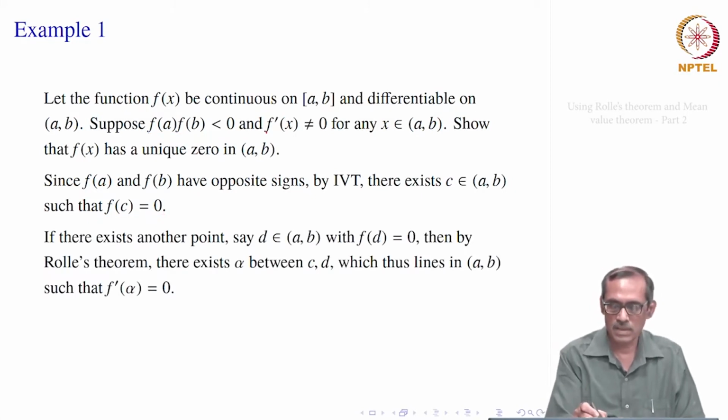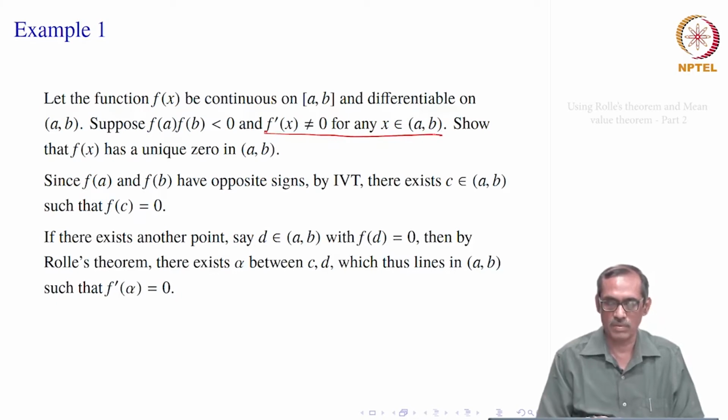Here this f prime x not equal to 0 will be helpful, and using the mean value theorem or Rolle's theorem, maybe Rolle's theorem is easier. Suppose there exists another point, say d in (a, b), with f(d) equal to 0. Say c and d are two different numbers, maybe c is less than d or d is less than c.